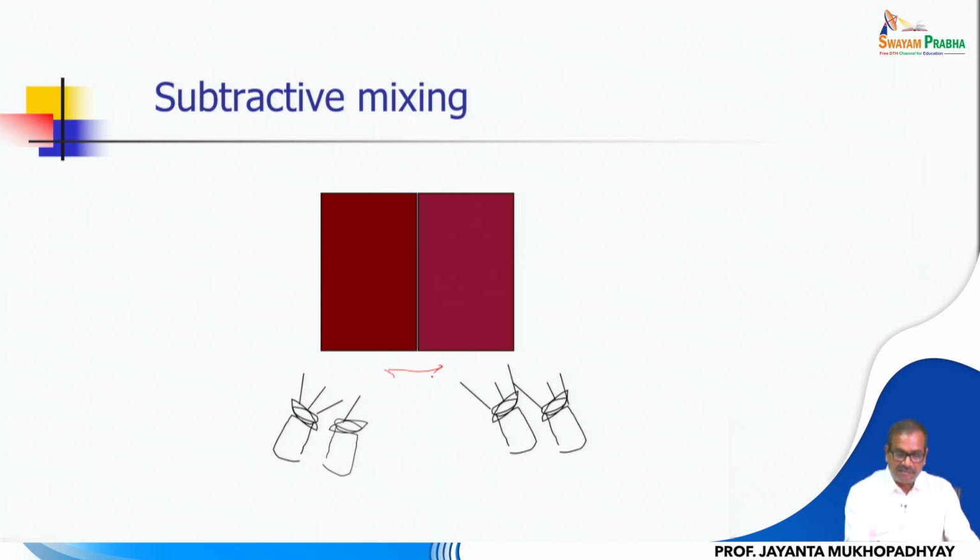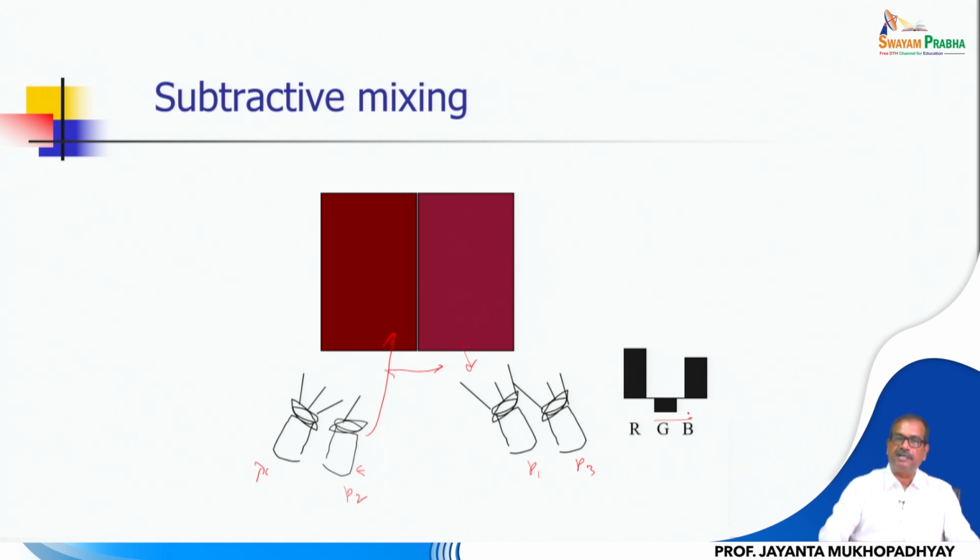So this is that same monochrome source, and this is another primary, say the P2 primary, and this is P1 and P3. So you are varying P1, P3 and P2, and then you are trying to get two colors in a similar range. Since you are mixing it here itself, it is as if you are subtracting it from this component. So you show this response as a subtracting response.